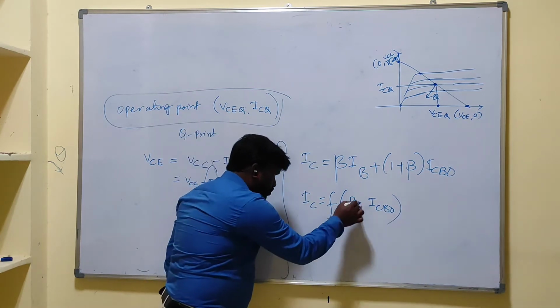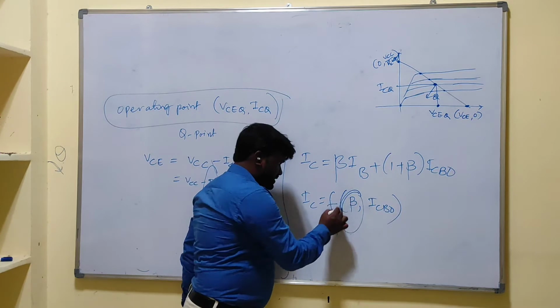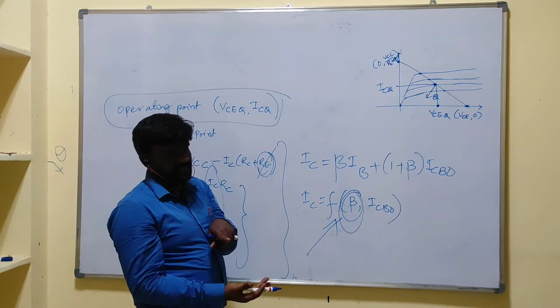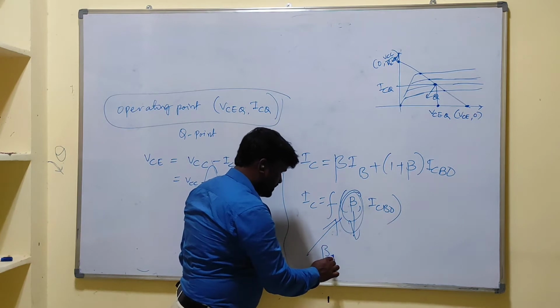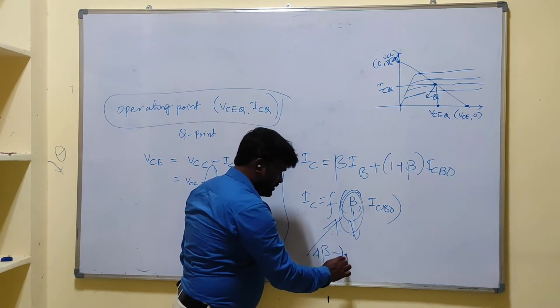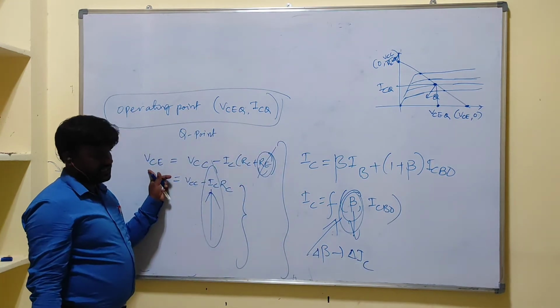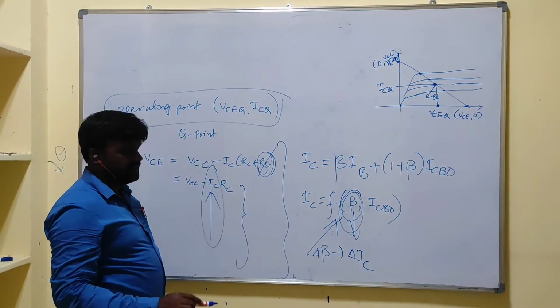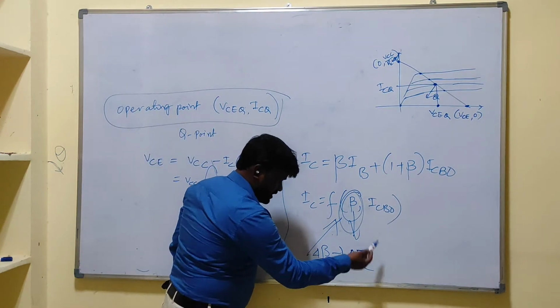No two transistors have the same beta. If you change the transistor, beta changes. The change in beta leads to a change in IC. As IC changes, our VCE changes, means the operating point will shift.